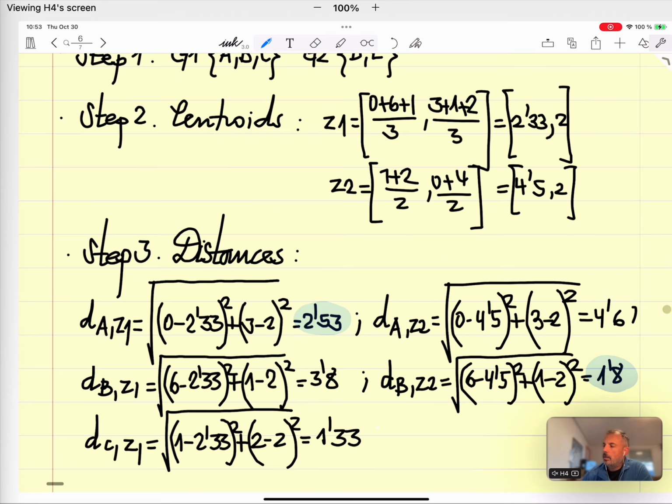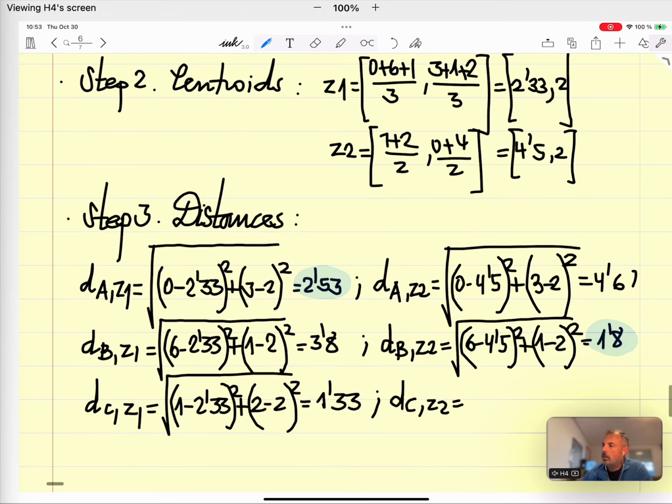This is straight. Then C to Z2 equals 1 minus 4.5 squared plus 2 minus 2 squared. So this is going to be 3.5. So C is going to belong to the first group.